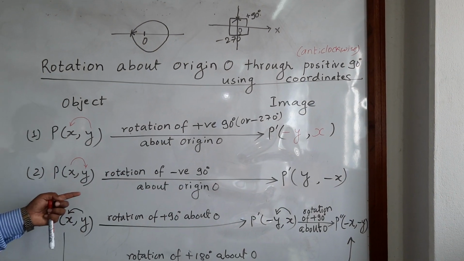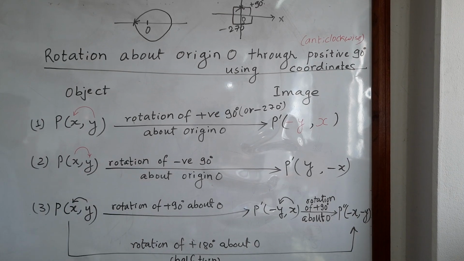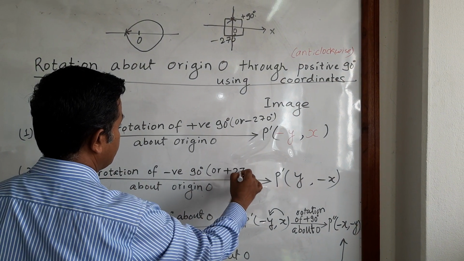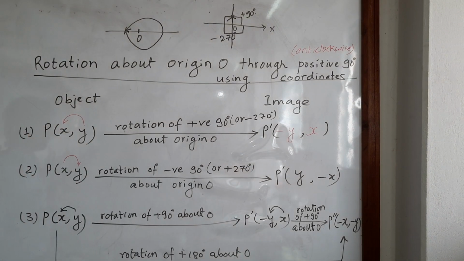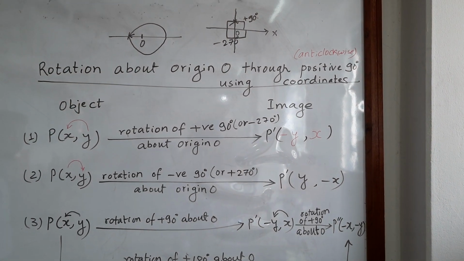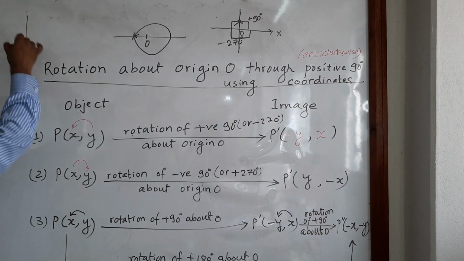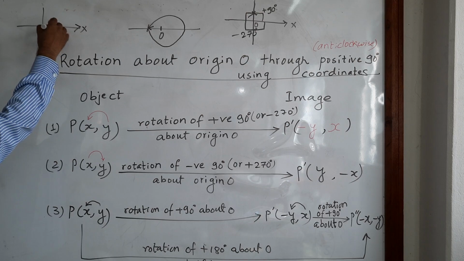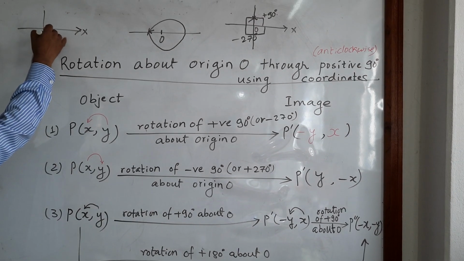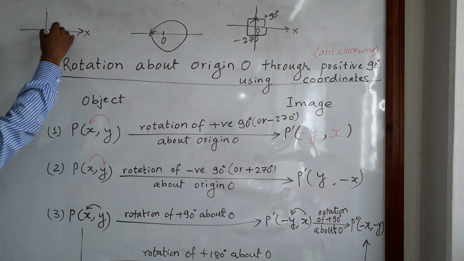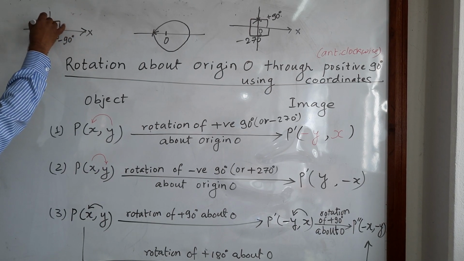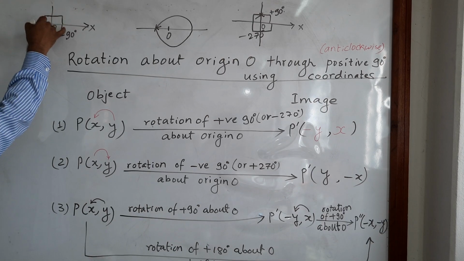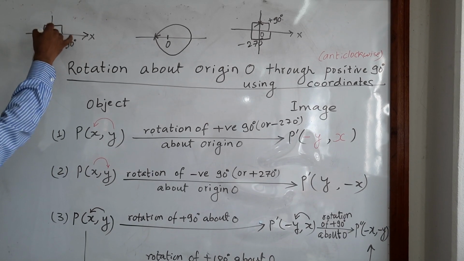Similarly, rotation of negative 90 degrees or positive 270 degrees is the same. Look here at how it is the same. Suppose from this place we go in the clockwise direction, so minus 90 degrees. From this place if you rotate, this is 90, 90 twice, 90 thrice. So you reach the same place.